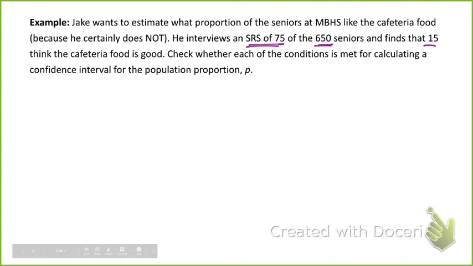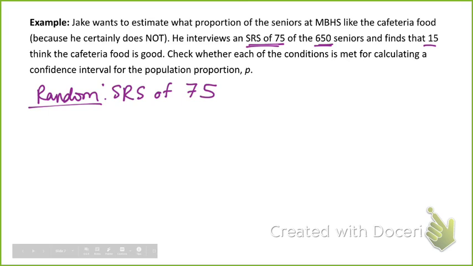Do we have a simple random sample? Yes. So random is good. We have ourselves an SRS of 75. In the interest of time, I will tell you guys that the normal condition will work as well.